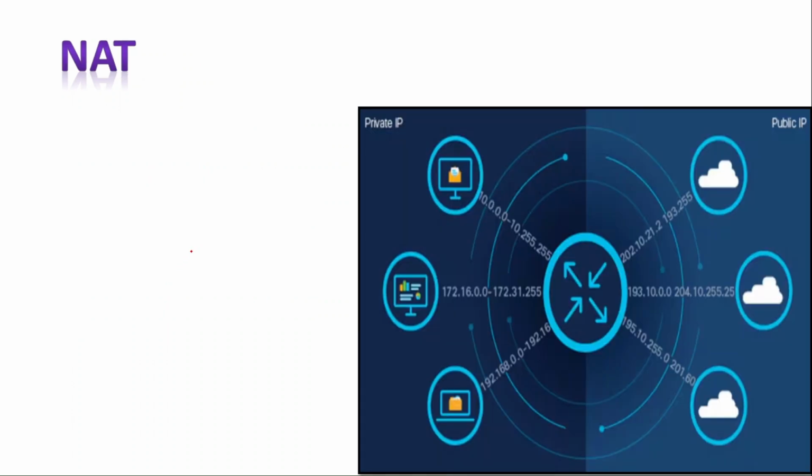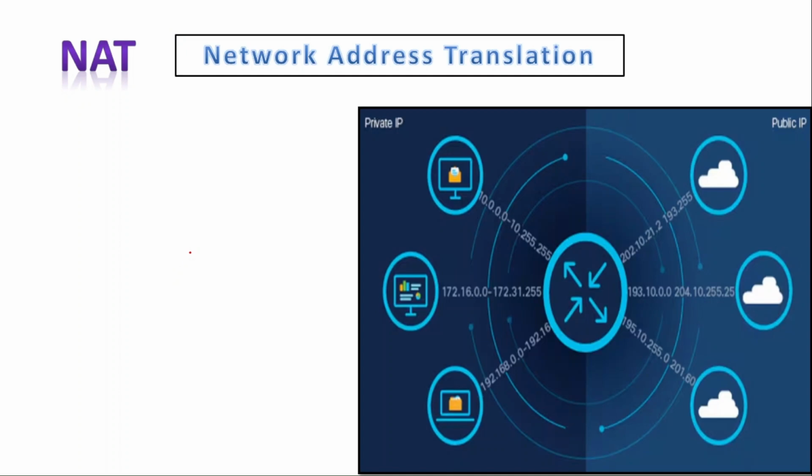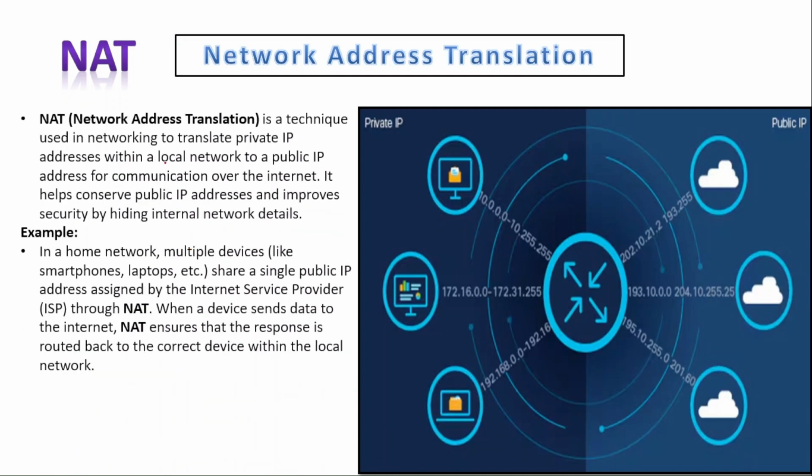NAT, that is Network Address Translation. So, NAT, or Network Address Translation, is a technique used in networking to translate private IP addresses within a local network to a public IP address for communication over the internet. It helps conserve public IP addresses and improve security by hiding internal network details.